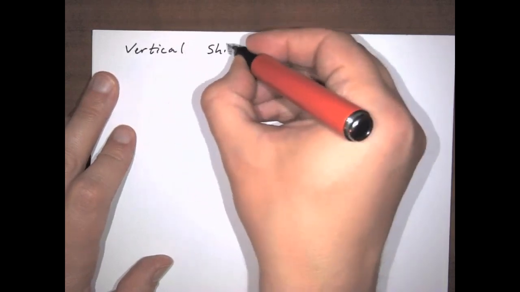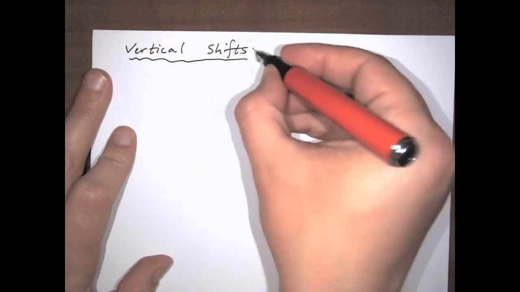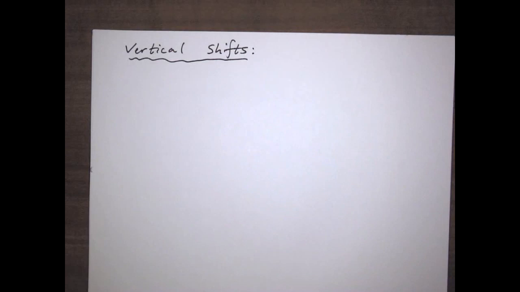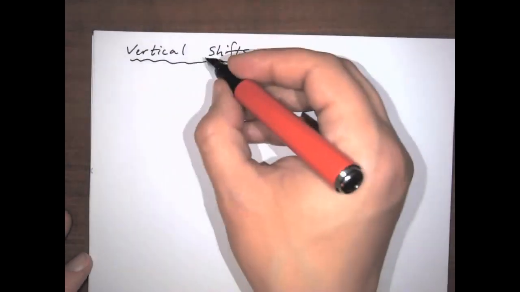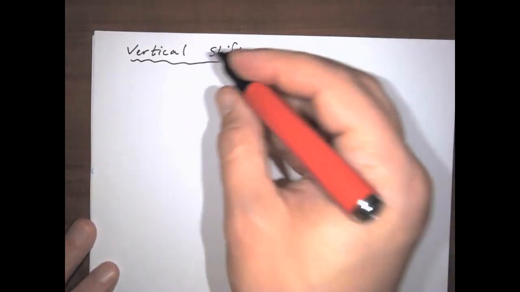So, vertical shifts. We can shift or translate a graph, and this means moving it up or down, by taking the original formula and adding or subtracting something on the outside of that.